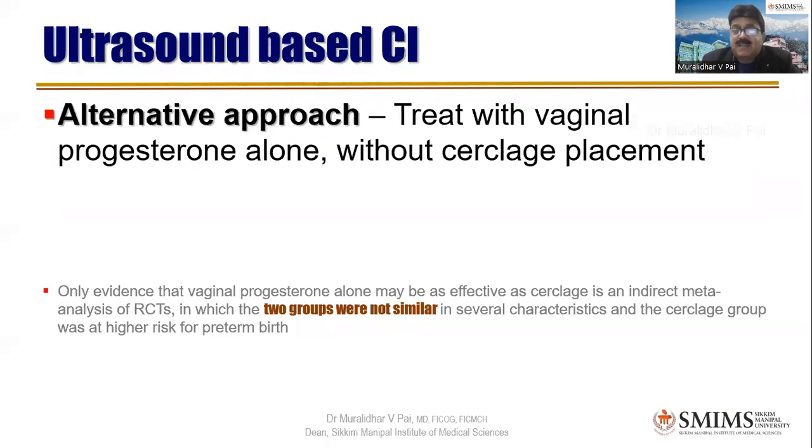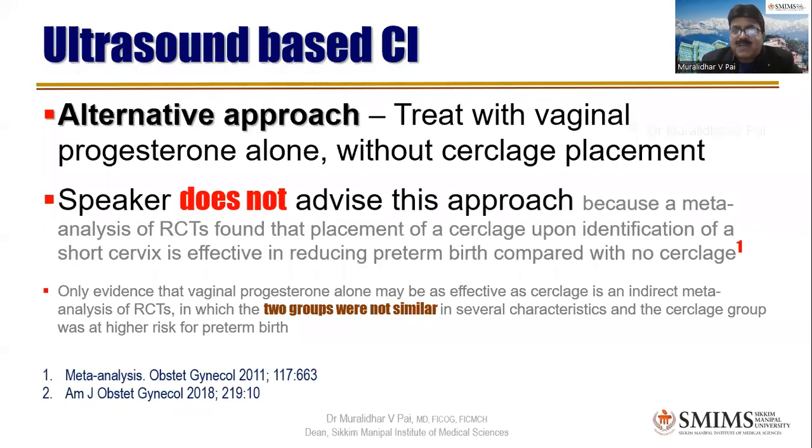You should understand this in several characteristics, and the cerclage group was at higher risk of preterm birth. So it's not a very good meta-analysis to say that you don't have to put a cerclage, just progesterone is good enough. Maybe I don't want to comment anything more than that.